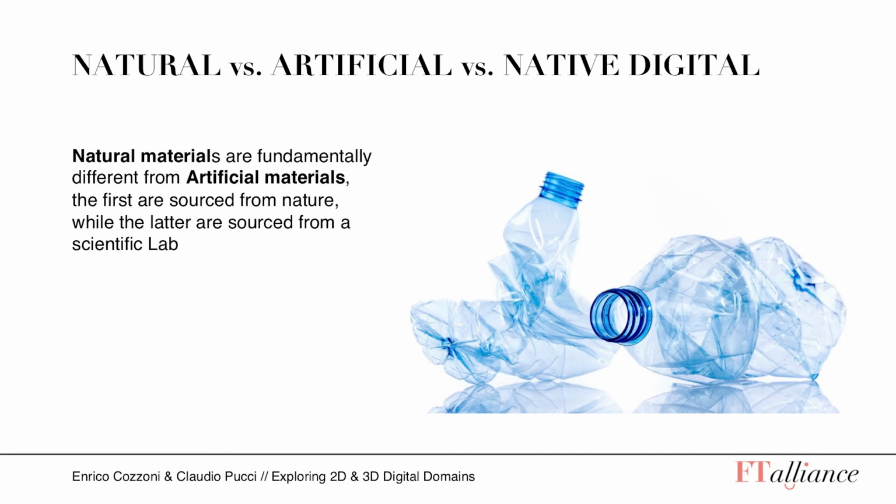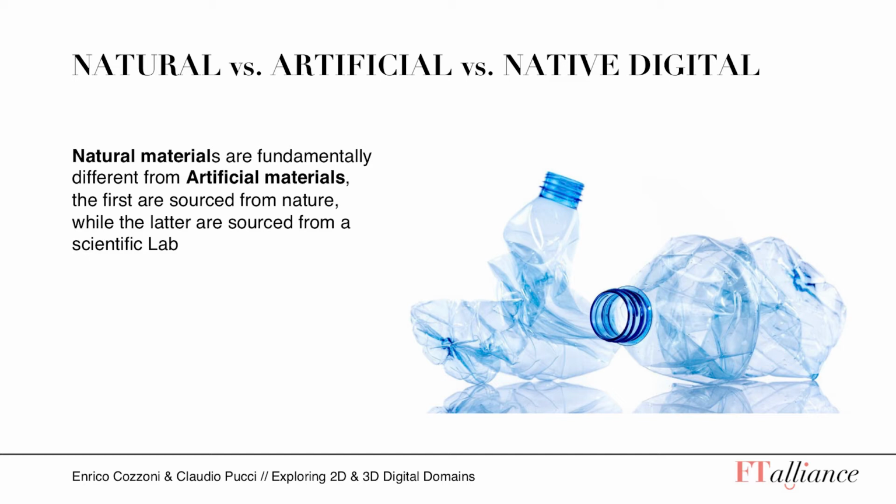Now I am going to speak about materials and the different typologies of materials. As you see, we started from a natural material, and we arrived at the digital version of this fabric.